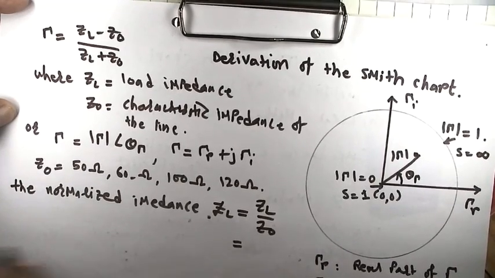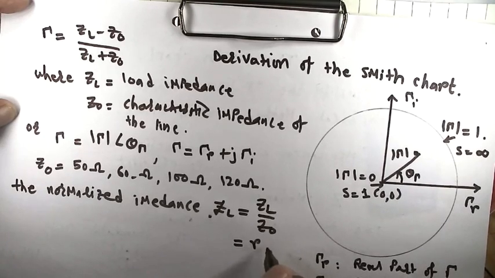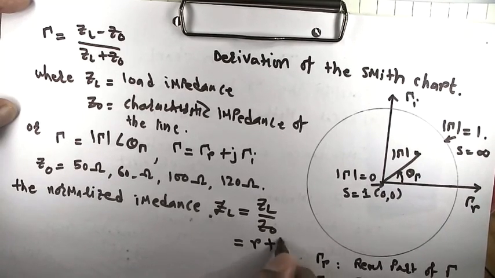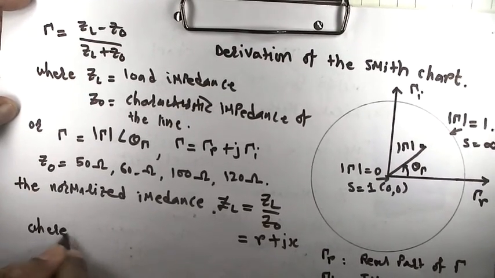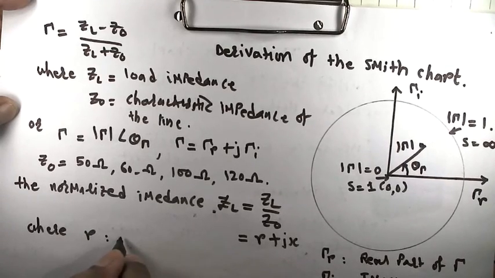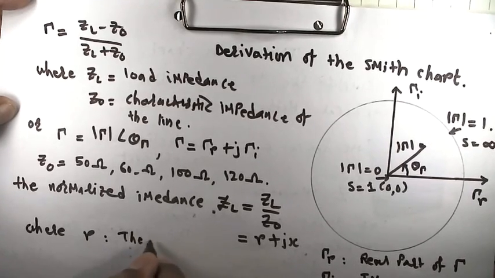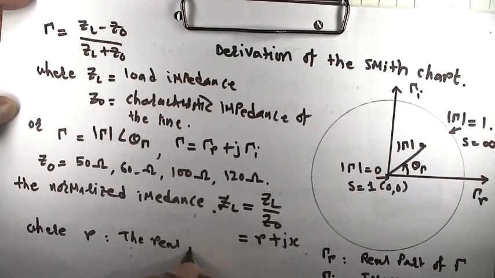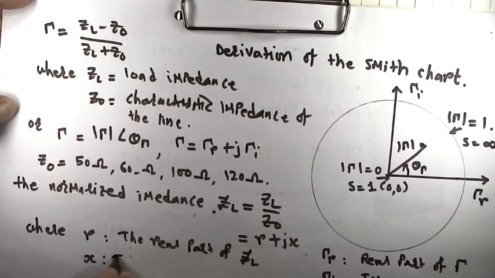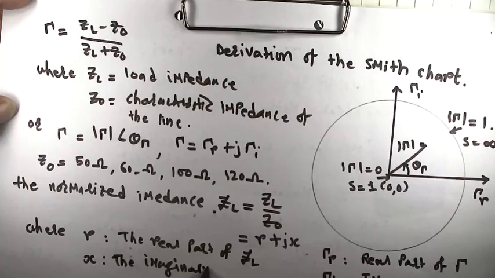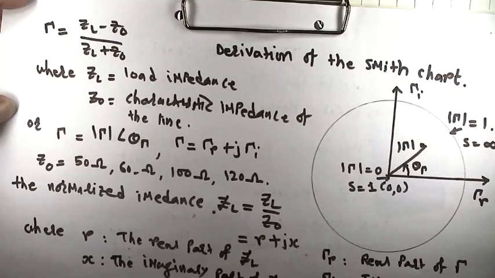This normalized impedance is also a complex quantity, so it has R plus jX, where R is the real part of the normalized impedance and X is the imaginary part of the normalized ZL.